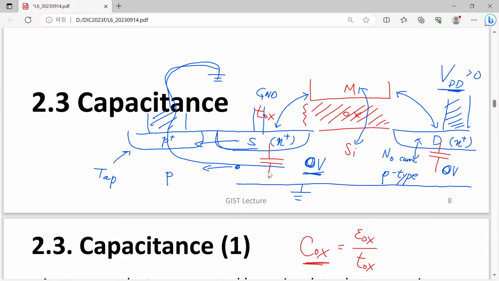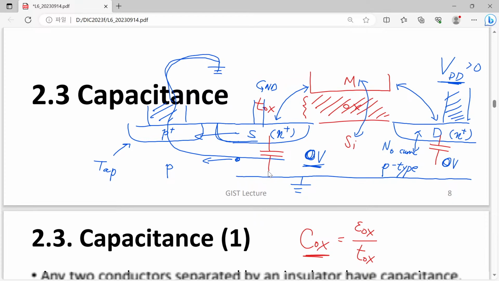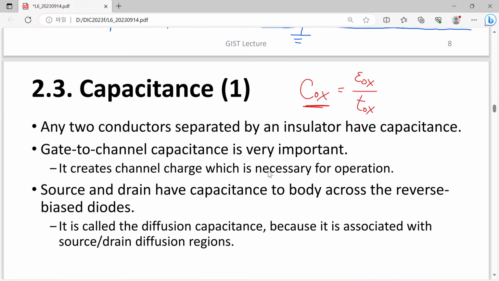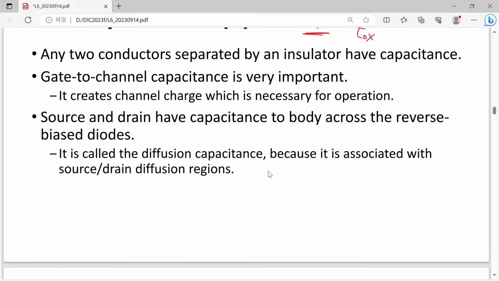So simply speaking, when we consider the entire MOS structure, not only the oxide capacitance, the capacitance between metal and silicon substrate, but also we can find more elements like the capacitance between gate and source, gate and drain. Also, another one corresponding to substrate to source, substrate to drain. They should be considered in our actual calculation.